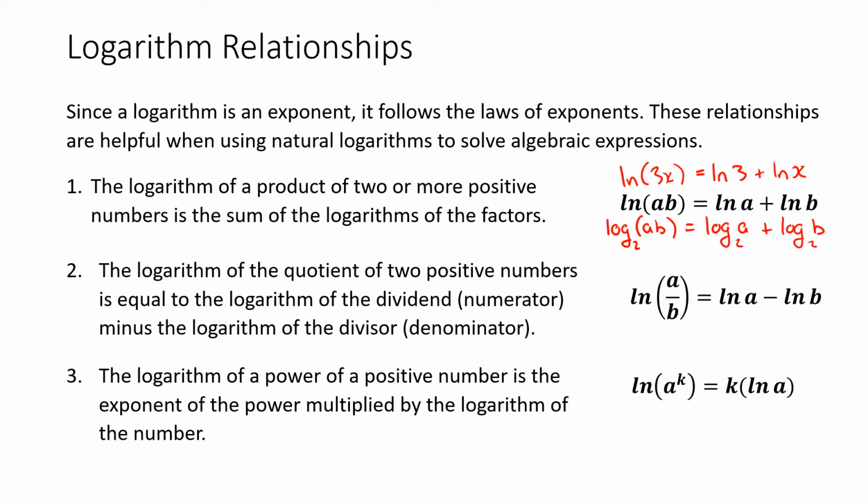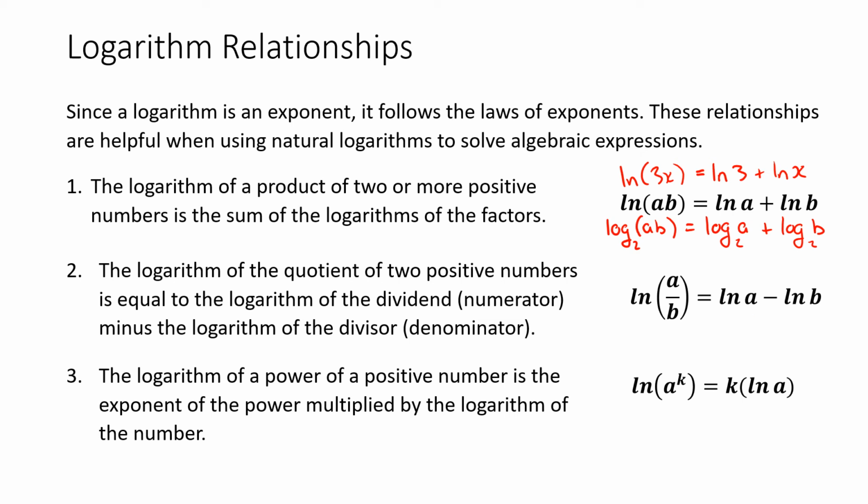The next relationship is when you have two numbers divided by one another. Okay, so the ln of a divided by b. And it's equal to the ln of the numerator minus the ln of the denominator. Okay, so keep that in mind. There's a minus here when it's division and a plus here when it's multiplication.